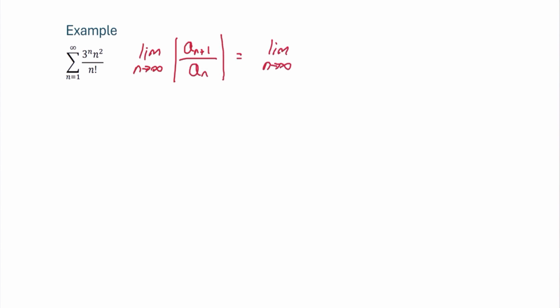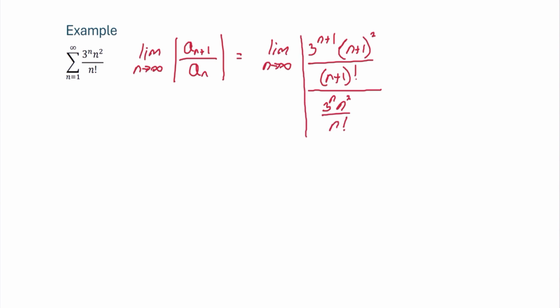So we'll start with the top, 3 raised to the n plus 1 times n plus 1 squared divided by n plus 1 factorial. That is the next term in the sequence. And we're going to divide that by the current term, 3 to the n squared divided by n factorial. All of that is in the absolute value.